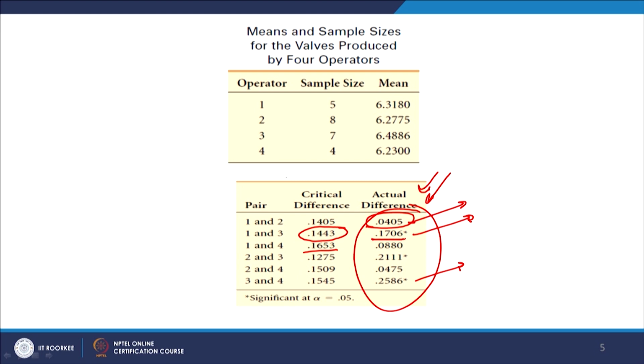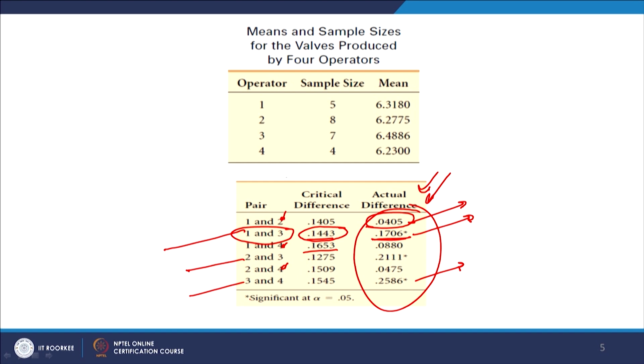This difference is more than critical, so we will say there is a significant difference between first group mean and third group mean, and so on. So, there is a significant difference between 3 pairs of groups, first and third, second and third, and third and fourth. Otherwise, there is no significant difference between first and second, first and fourth, and second and fourth.